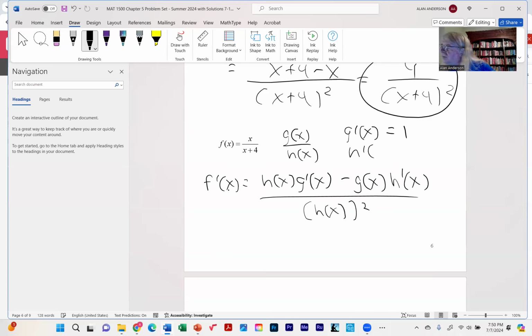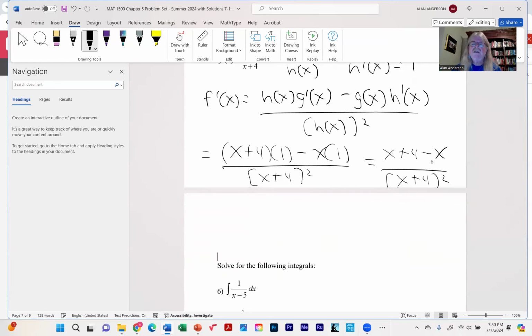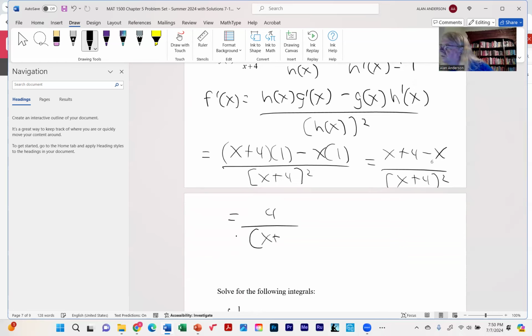Actually, well, interestingly enough, h prime of x is also just 1. So that should simplify things quite a bit. In fact, it definitely simplifies things. That reduces very nicely to 4 over x plus 4. So that means, yes, obviously we did it correctly.